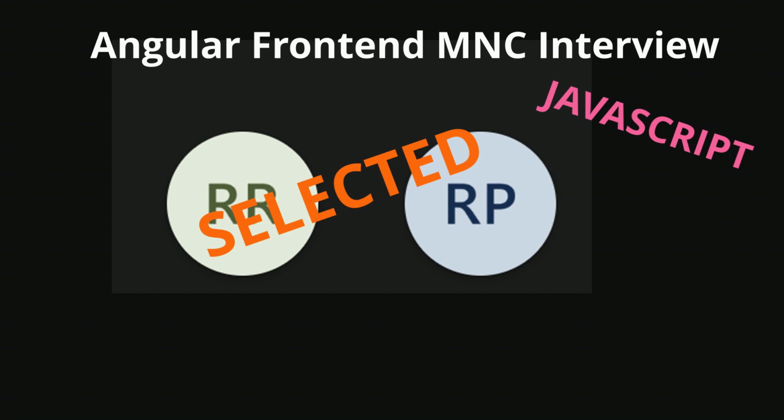Whenever we close that particular component, in ngOnDestroy we can close those things. Or any asynchronous task which we don't want after that component is destroyed, we can handle it in this way.